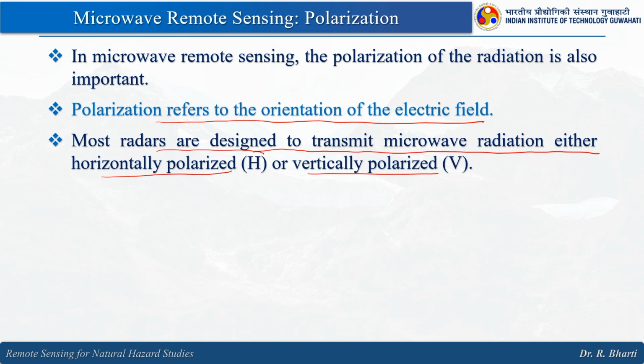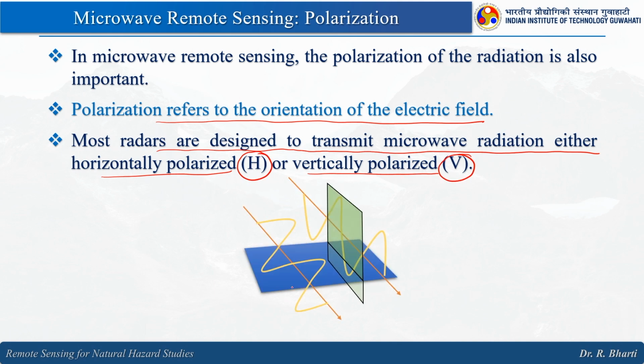So, here we will be using H, or here we will be using V. Here you can see one is horizontal and another one is vertical. This kind of orientation of the electric field is used in microwave remote sensing.